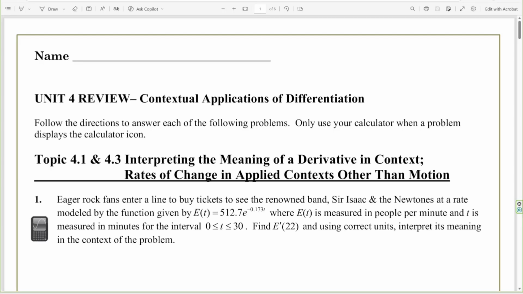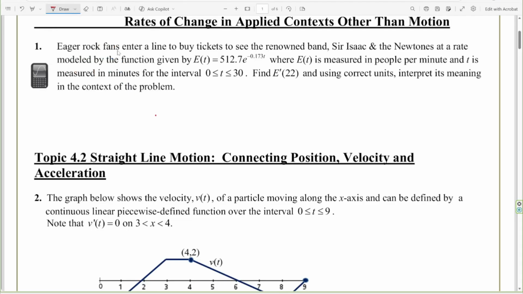Alright, question number 1. If rock fans enter a line to buy tickets to see the renowned band Sir Isaac and the Newtons at a rate modeled by the function E of t equals 512.7 e to the negative 0.173 t, where E of t is measured in people per minute and t is measured in minutes for the interval 0 to 30.